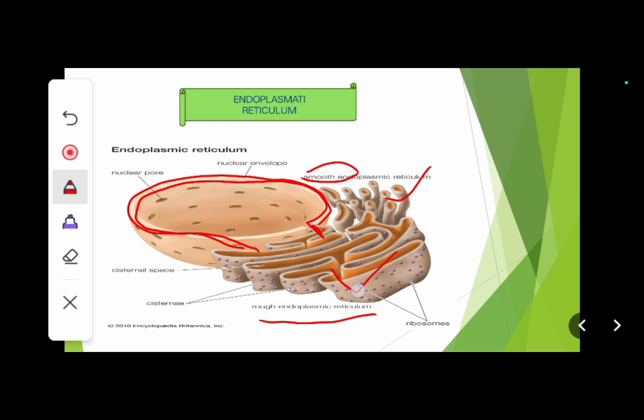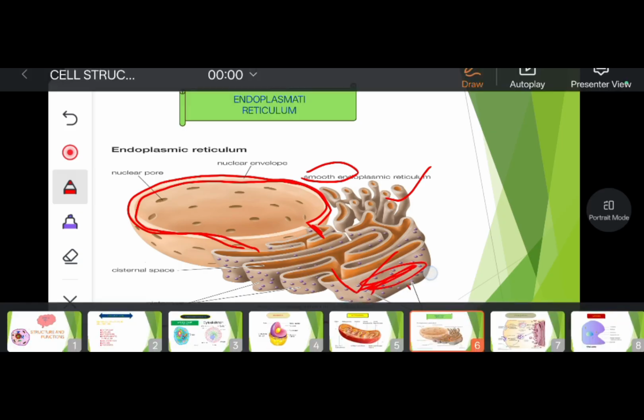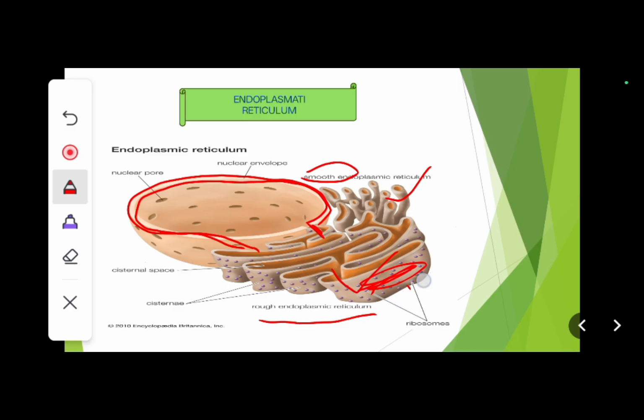Why rough and smooth? What is the difference between the rough endoplasmic reticulum and smooth endoplasmic reticulum? Rough endoplasmic reticulum contains ribosomes. On their outer membrane there are small balls known as ribosomes. An endoplasmic reticulum containing small ribosomes is known as a rough ER.